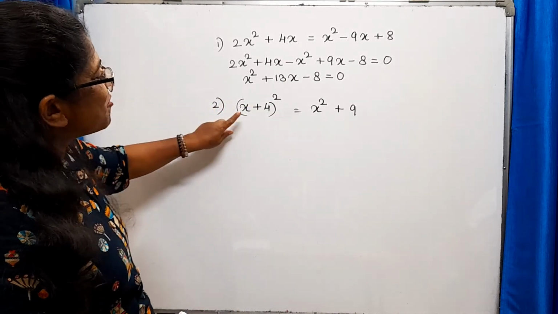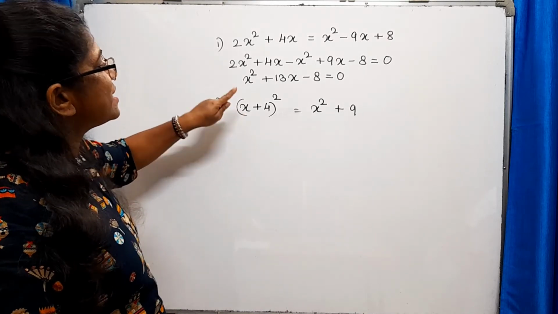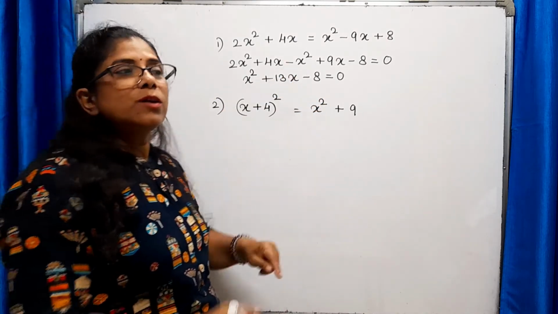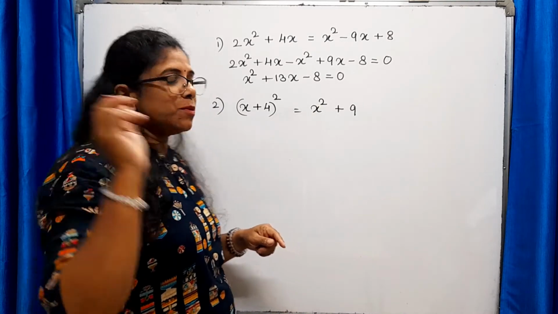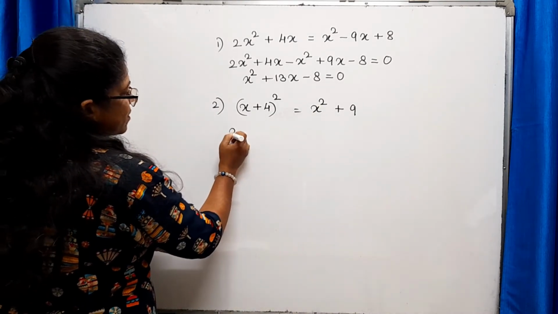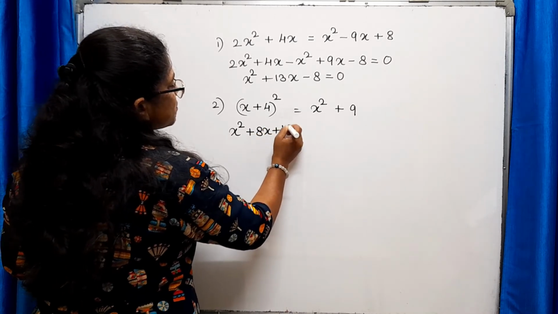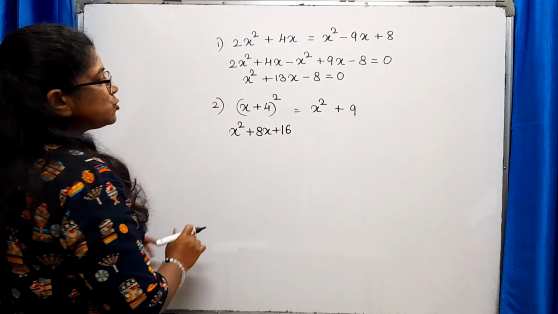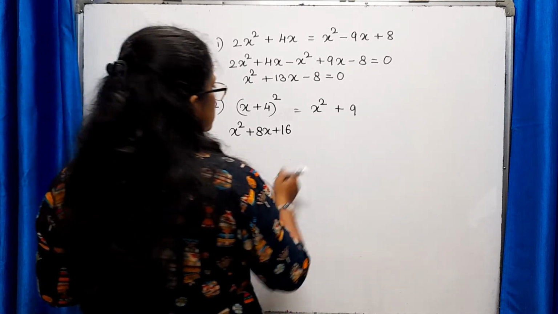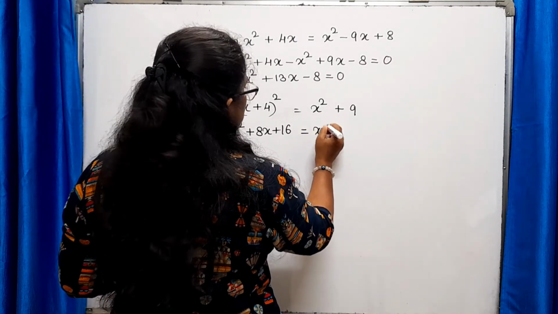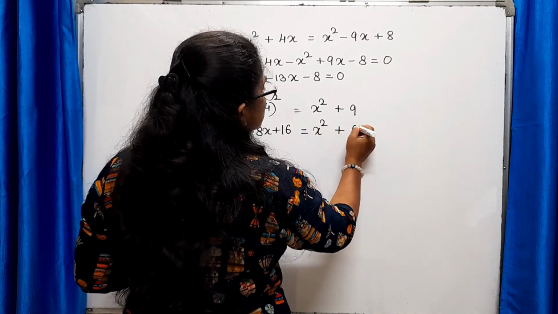So here we will apply our identity a plus b the whole square, which is a square plus 2ab plus b square. X square plus 8x plus 16 is the expansion of this bracket x plus 4 the whole square is equal to x square plus 9.